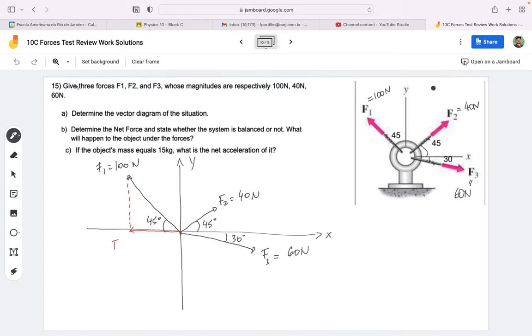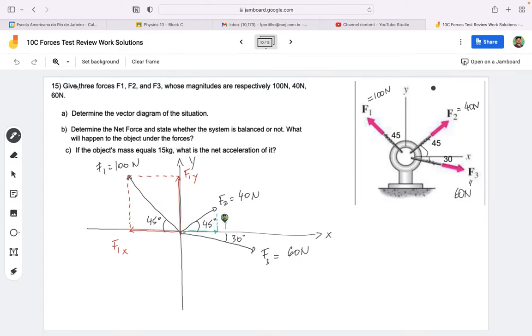So then we have f1x, just to make it more clear for everyone to see. This is f1y. Then we're going to change color not to get you guys confused.